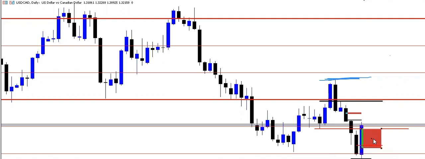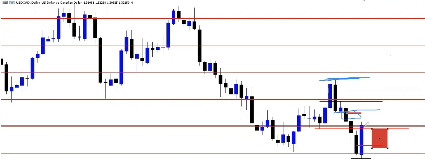So if price will now form a lower high, this is what I'm looking at. There is a fair value gap here. Price has not traded there. Okay, so if we continue to the downside, I want to see price come to this zone here.